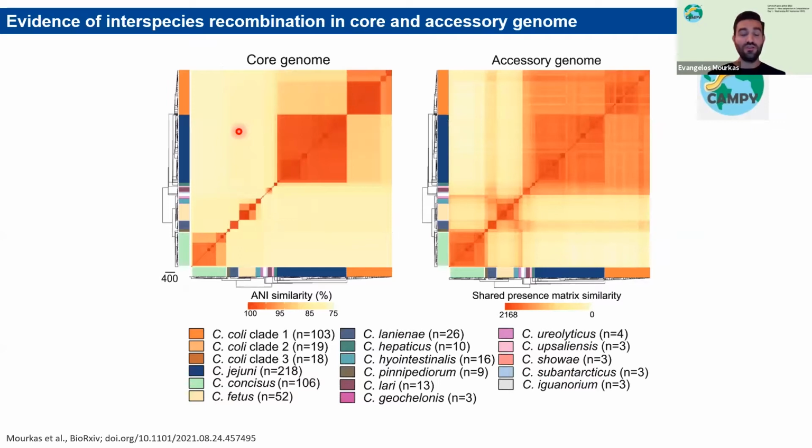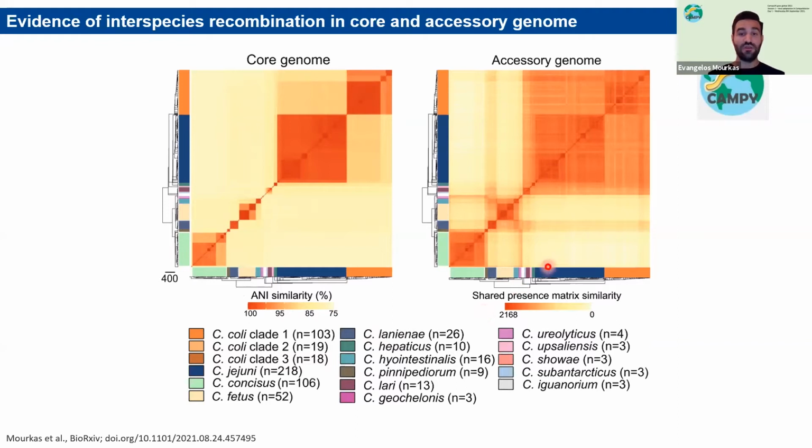So we looked at the core and the accessory genome in all these Campylobacter species. When looking at the core, we saw an elevated average nucleotide identity between Campylobacter jejuni and Campylobacter coli, which we already knew. That provided some initial evidence of interspecies gene flow, which we've seen before.